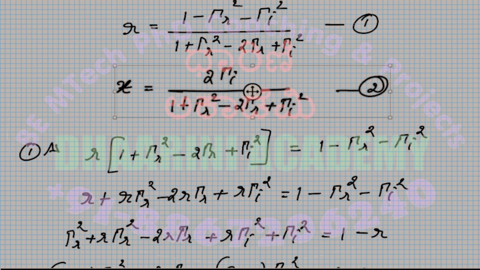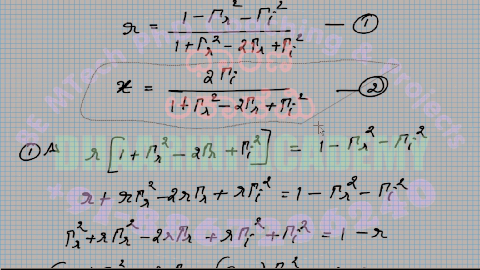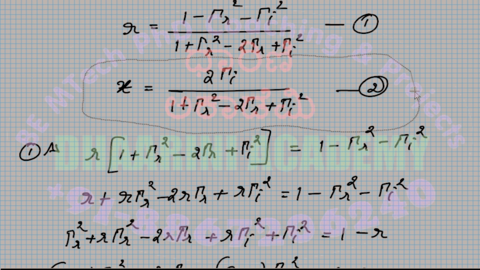Now I'm going to make another statement. Even this equation number 2 is the equation of a circle. But as of now, when we simply see that, we don't understand. For that, we need to look at it mathematically, then only we'll be able to understand.